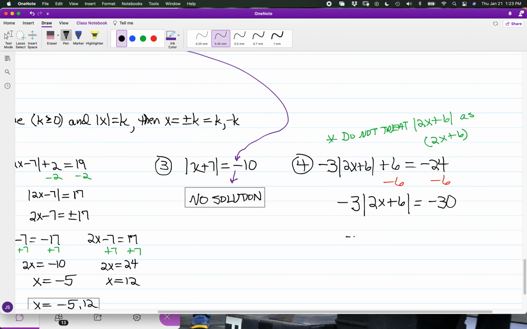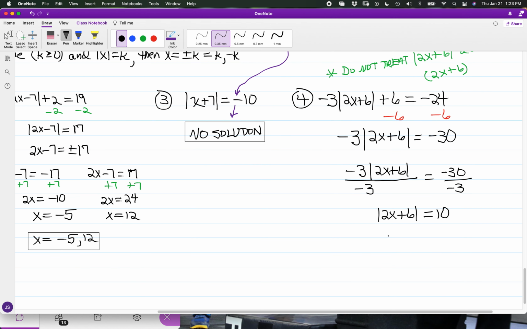So I'm going to get the absolute value of 2x plus 6 by itself. I'm going to divide by negative 3, and so I have the absolute value of 2x plus 6 is equal to positive 10.